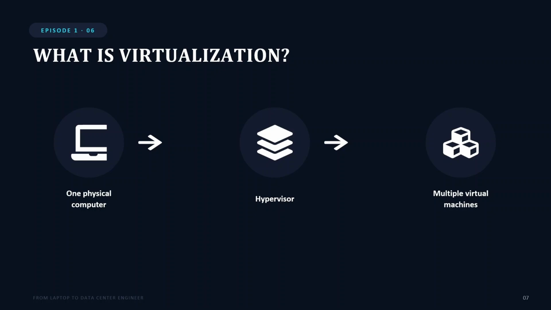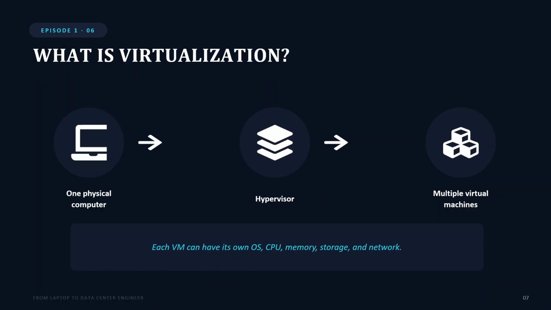These virtual computers are called virtual machines. Each virtual machine can have its own operating system, CPU, memory, storage, and network connection. The software responsible for managing those virtual machines is called a hypervisor. And virtualization is one of the fundamental technologies we're going to use throughout this project.